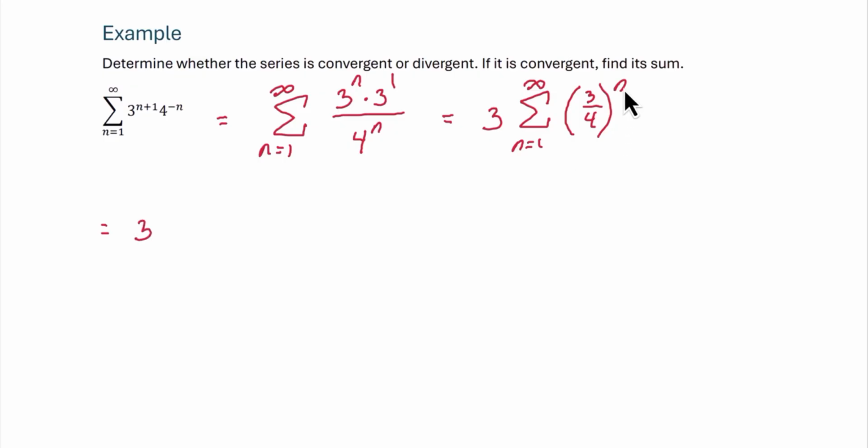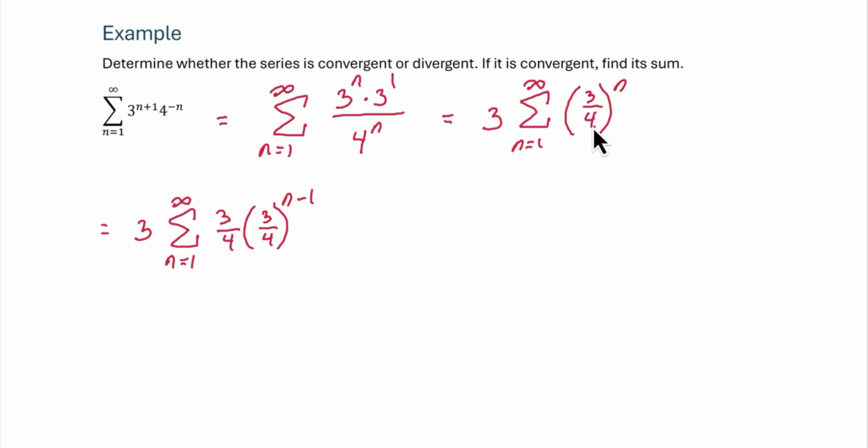I like the power to be n minus 1. So in order for that to happen, we need to pull one fraction out of that. Pull out 3/4. That'll be our a value. And now we have 3/4 to the n minus 1.